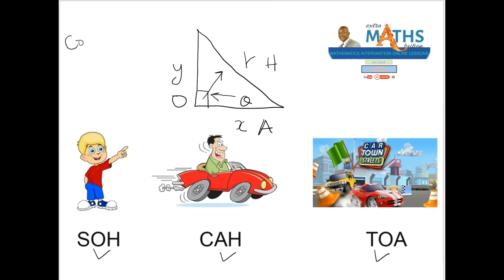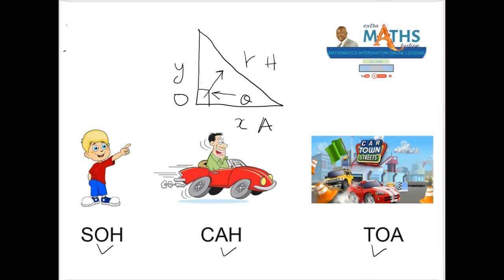Cos theta is equal to what? Let us name it. It's a car, which is adjacent over hypotenuse, which is what? X over r. Lastly, what is your tan theta? We are at the town now, which is your opposite over adjacent.